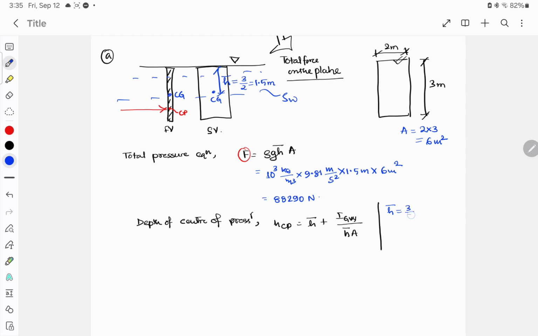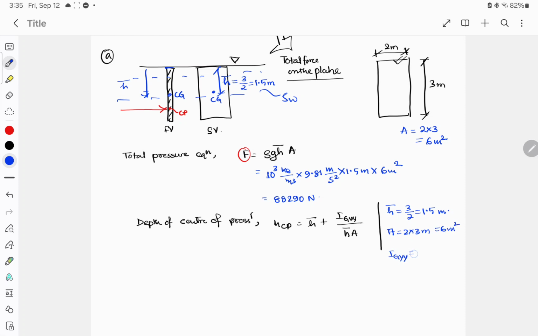H bar is 3 by 2, that is 1.5, since the plane's top surface is coinciding with the water level top surface. In the next part of the question we will see that h bar changes. Area is again 2 into 3, that is 6 meter square.